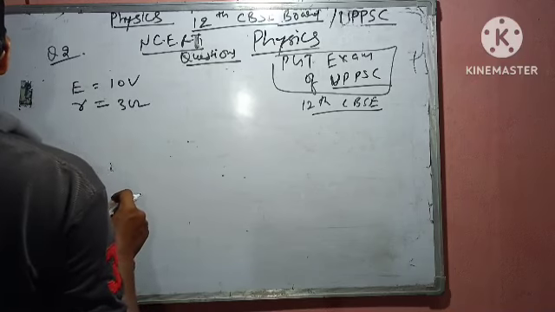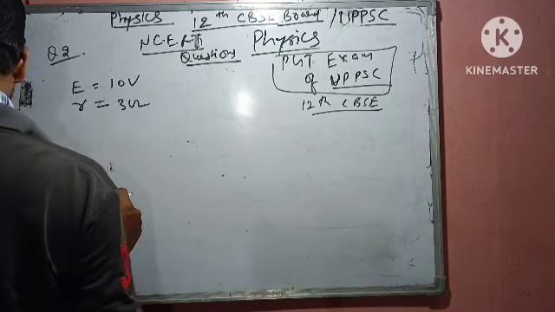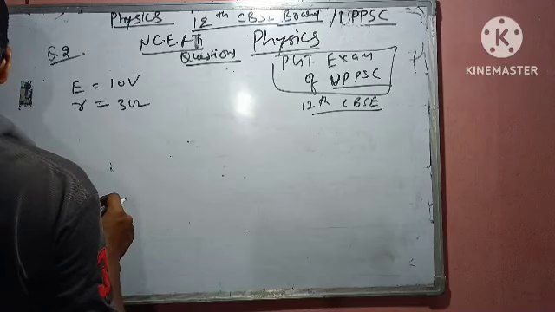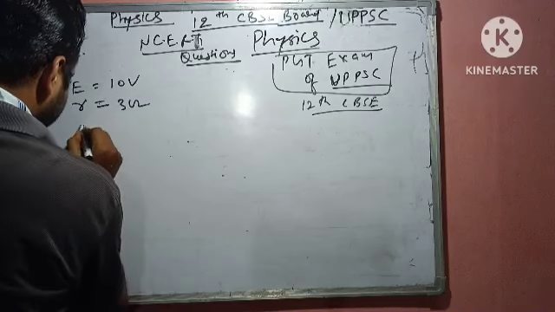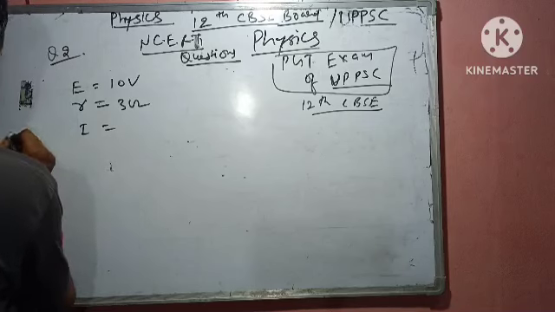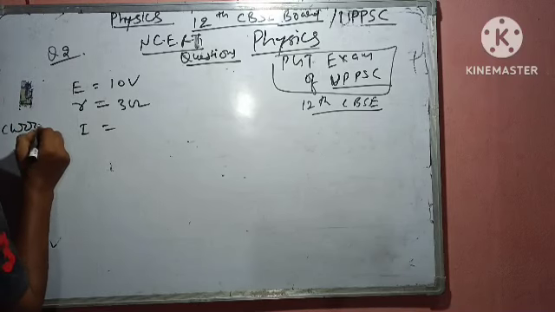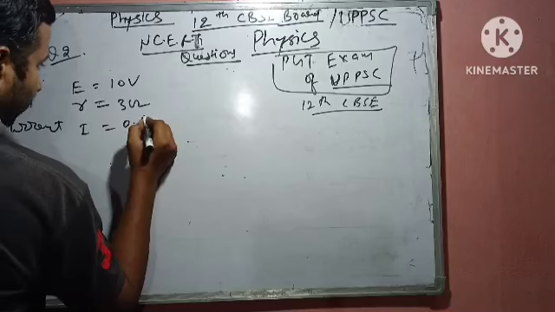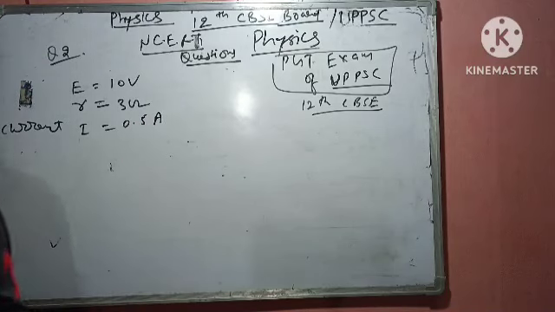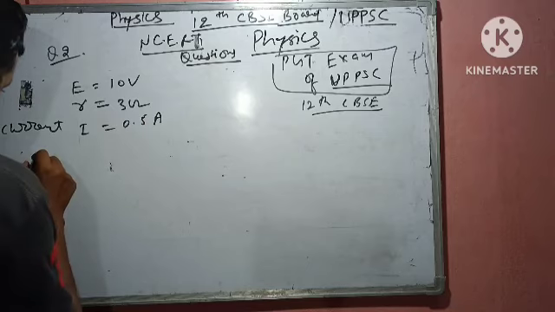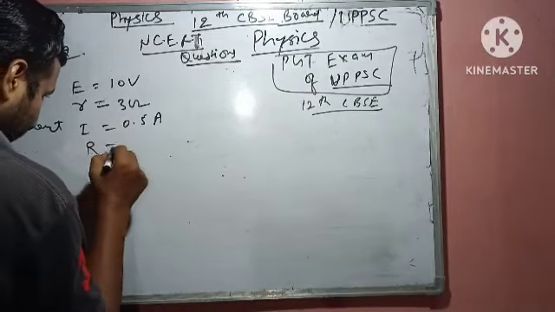It is connected to a resistor. If the current in the circuit is I is equal to 0.5 ampere, what is the resistance of the resistor? You will have to find out the value of R.